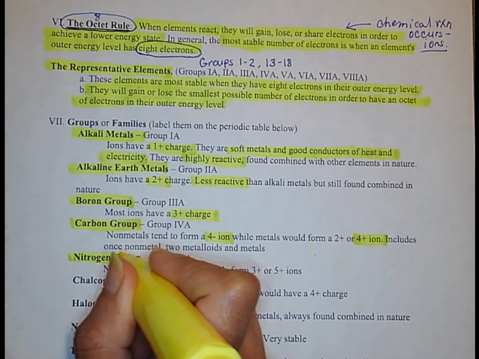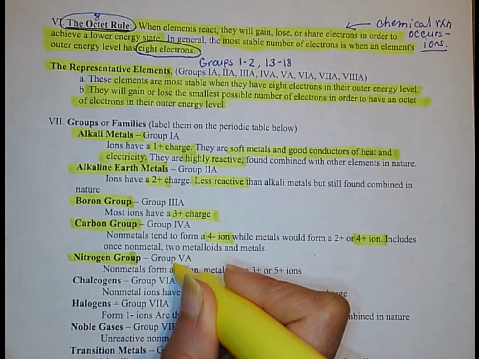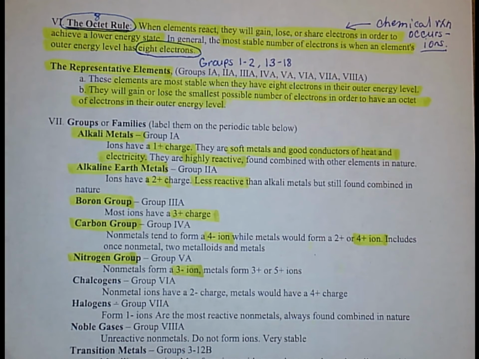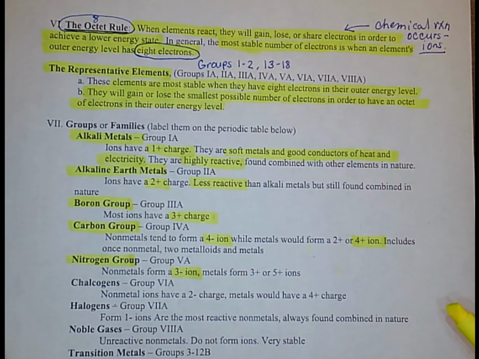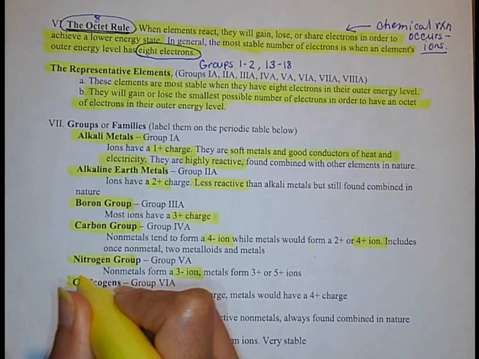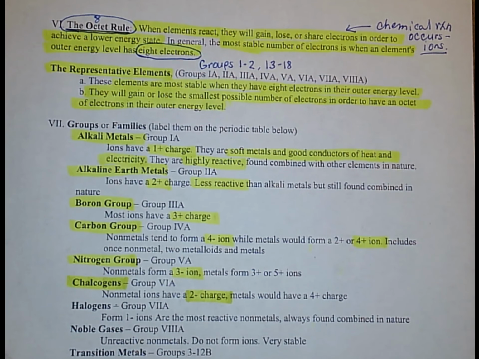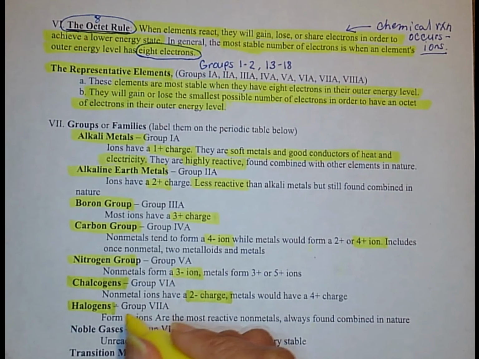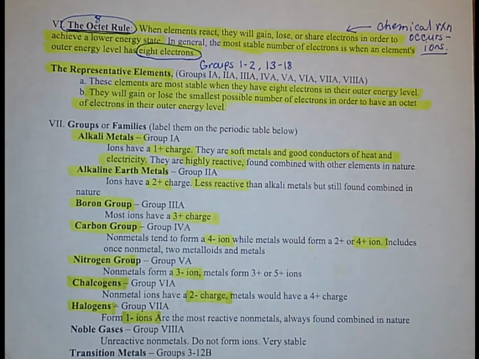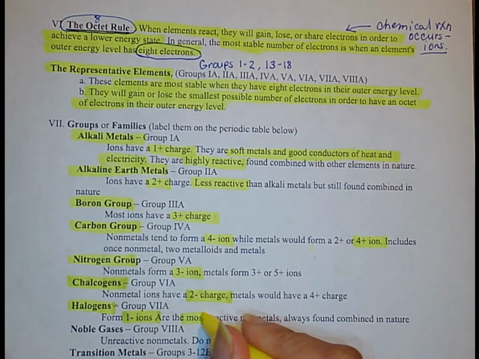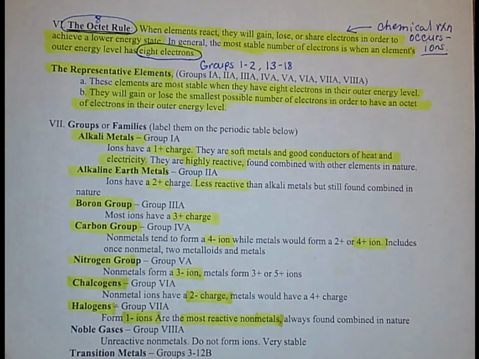Your nitrogen group has a 3- charge, and your chalcogen group has a 2- charge. Your halogens group has a 1- charge. And these are also, you guys, the most reactive nonmetals that are around.